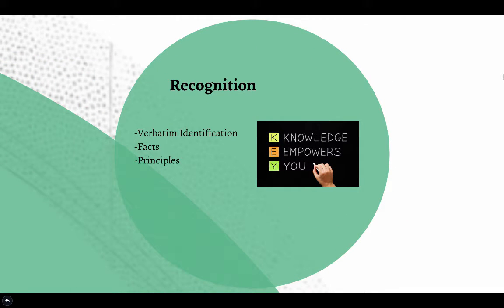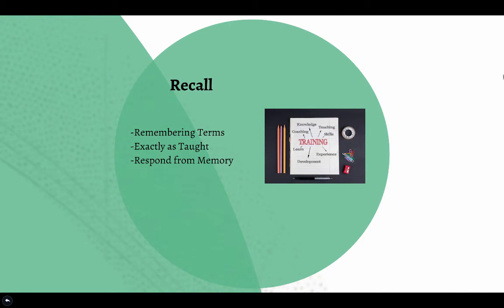Recognition is a process of verbatim identification of specific terms, facts, rules, methods, principles, procedures, objects, and the like, presented during the training. Students select from 2 or more choices to identify the information. Recall is a verbatim remembering of specific items, facts, rules, methods, procedures, principles, and the like.